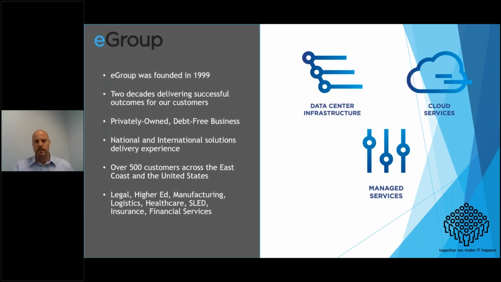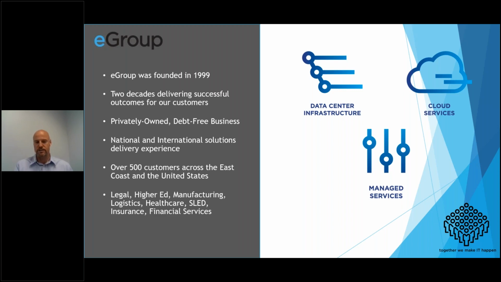So first off, just a little bit about EGroup. We were founded in 1999, two decades ago, and grew up in the data center space and are now firmly entrenched in managed services and cloud services. For many organizations that are doing that same progression, we've lived that, and our skill set has changed over the years. You can see some of the greatest hits. We're privately owned, debt-free.